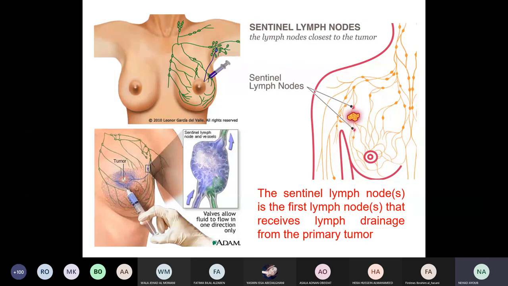Okay? For example, if I consider the patient lymph node negative while I did not do a sentinel lymph node check, or did not examine a sufficient number of axillary lymph nodes, that's something questionable. Okay. So the sentinel lymph node, we can check whether it contains cancer cells or not. This does not require me to do surgery. I only inject a dye, okay, and look at the reaction.